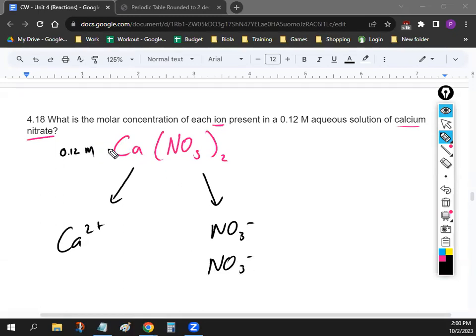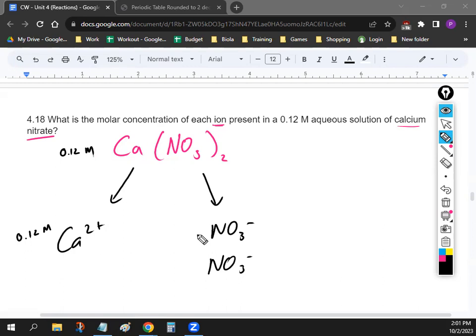If you take a look at the ratio, how many calciums come out of calcium nitrate? 1. So that means it's going to have the same concentration as the original solution, because each one of these breaks into one of this. If I was, for example, cutting off your head, and I cut your head off, how many heads will come off of you? 1. So it's a 1-to-1.